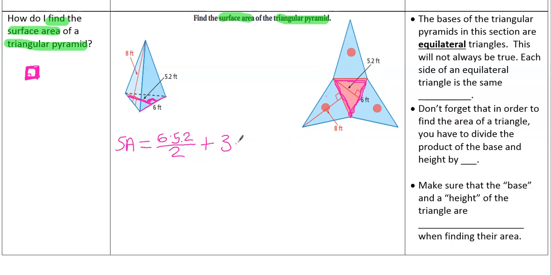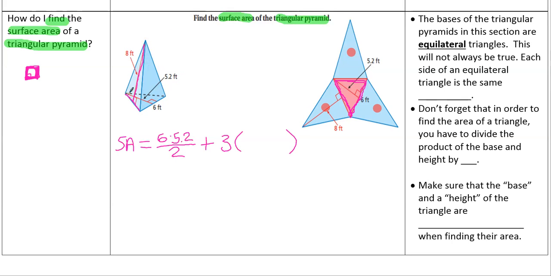So that's 3 times, well, where's the perpendicular side on our lateral triangle? Do you see the right angle box right here? There's a right angle box right here. It's a little confusing. It's hard to see, but there's a right angle box there. That means this bottom is perpendicular to this edge going up to the top vertex.